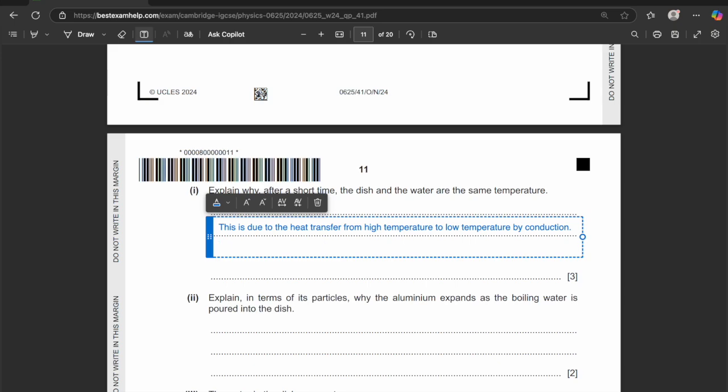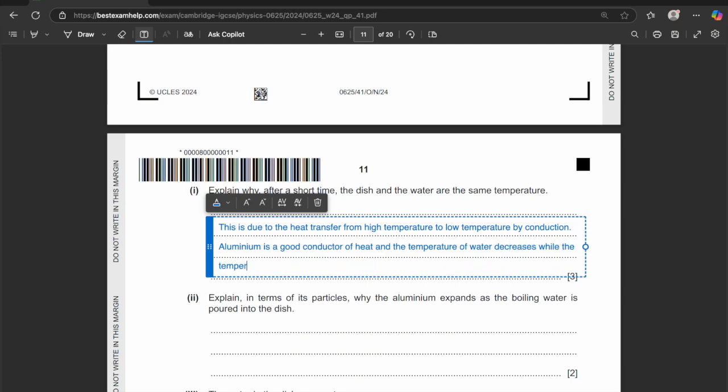And it asks for after a short time, so you have to know that the process is fast, and this is because aluminum is a good conductor of heat, and the temperature of water decreases while the temperature of aluminum increases. So you show this transfer.